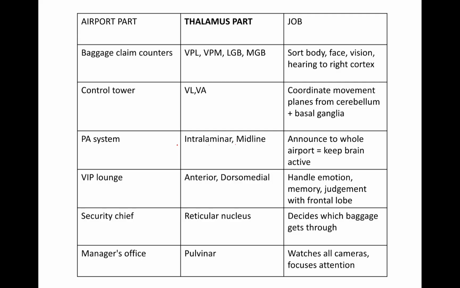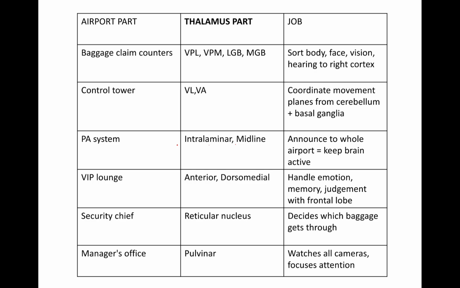Next is the security chief. The thalamus part which takes a similar role is the reticular nucleus. What will it do? It decides which baggage gets through where. Security: which is good, which is bad, any problem in the baggage. That's the security's job, so the reticular nucleus job is similar.